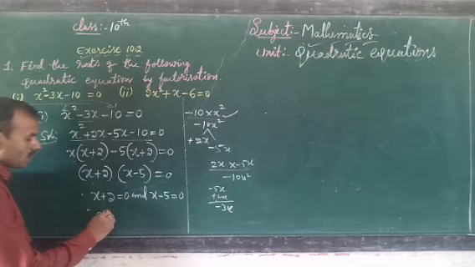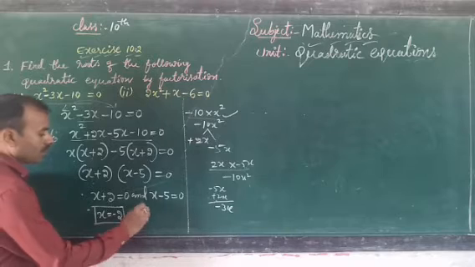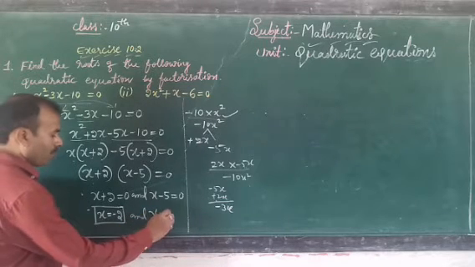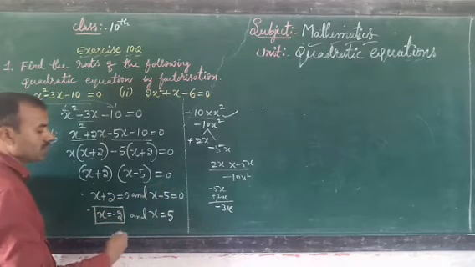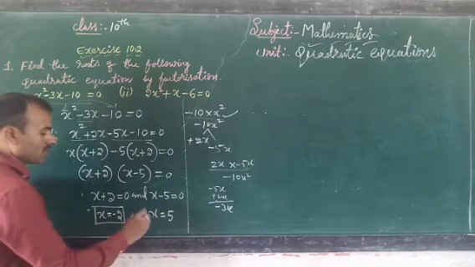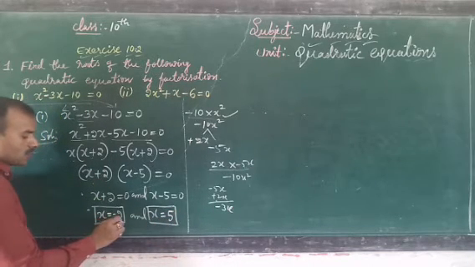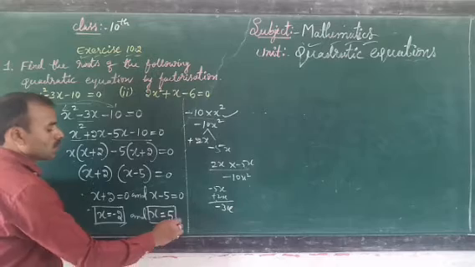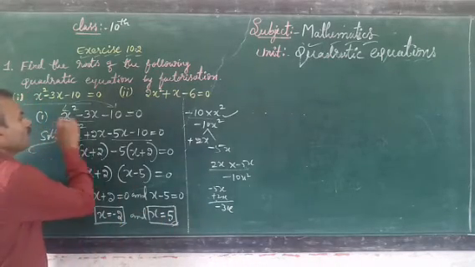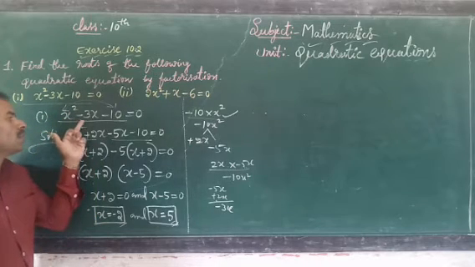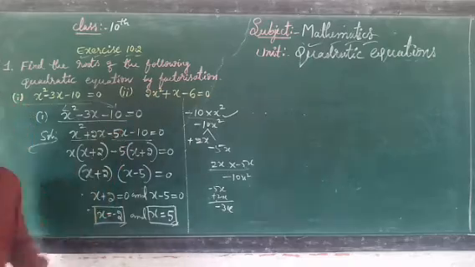Here x equals minus 2 and x equals plus 5. Here minus is there, so if you transpose minus 5 to RHS, it becomes plus 5. So dear students, x equals minus 2 and x equals plus 5. These two are the roots of the equation x square minus 3x minus 10 equals 0.